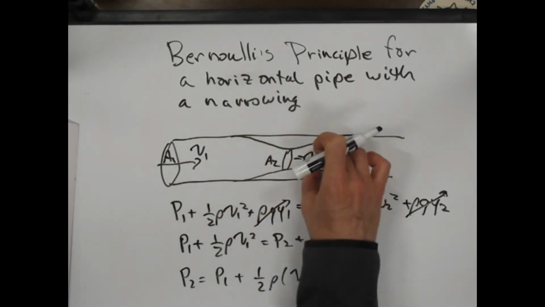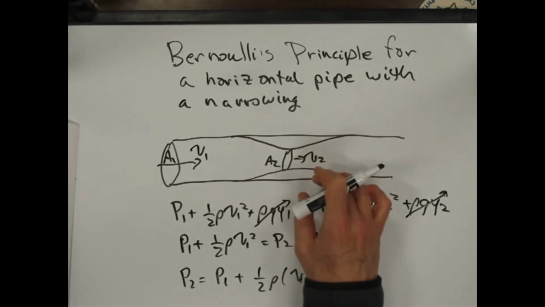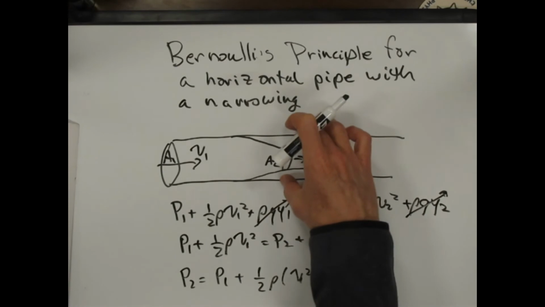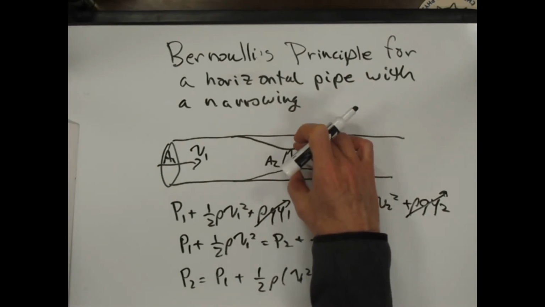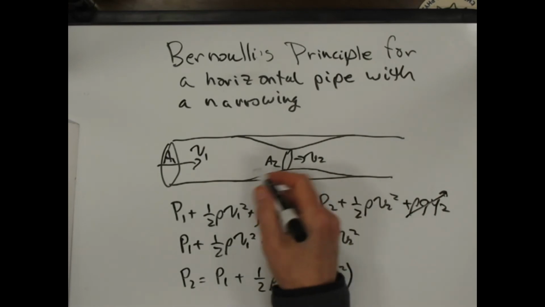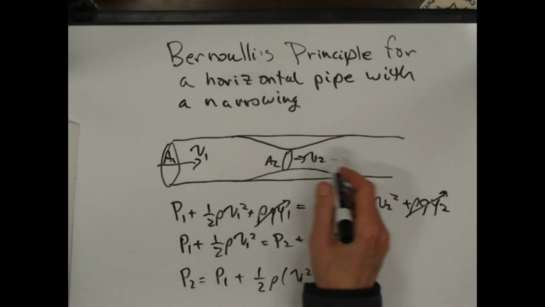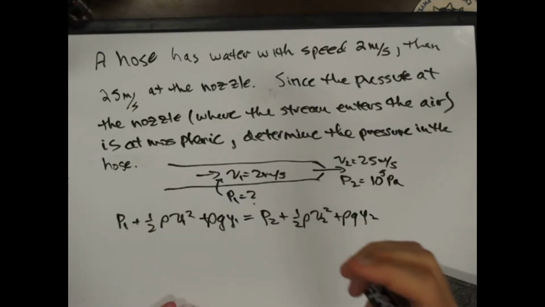And as this thing narrows, the pressure gets lower and lower because the velocity gets faster and faster, and eventually the pressure won't be strong enough to keep the artery open, and it'll shut the artery off, and then your heart doesn't get any more blood, and you have a heart attack. And so there are lots of examples where I'll do some calculations where you can look at the pressure difference due to fluid flow.